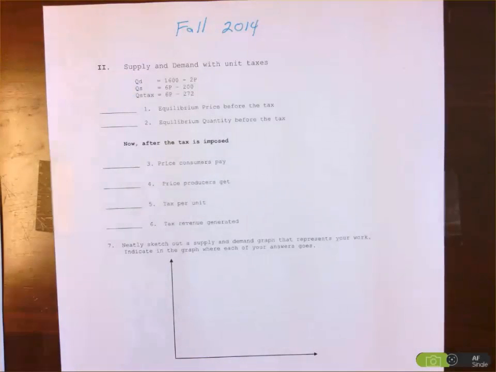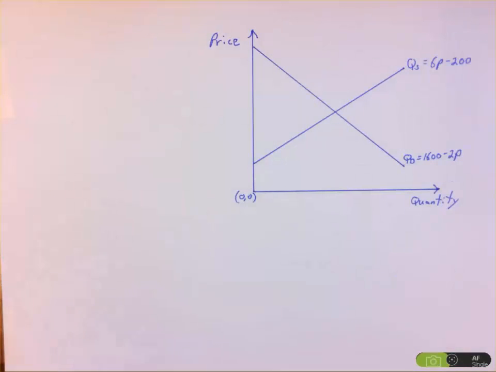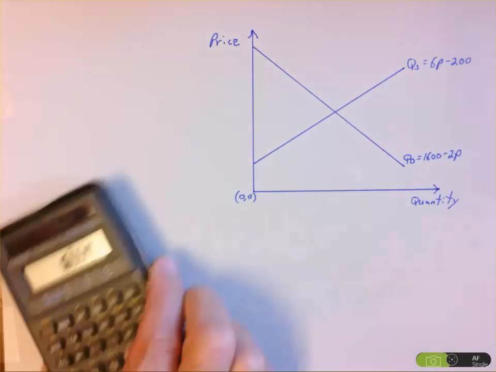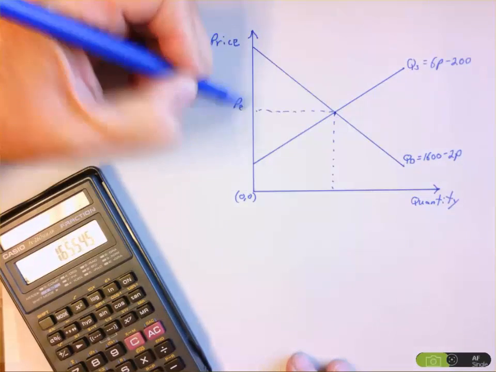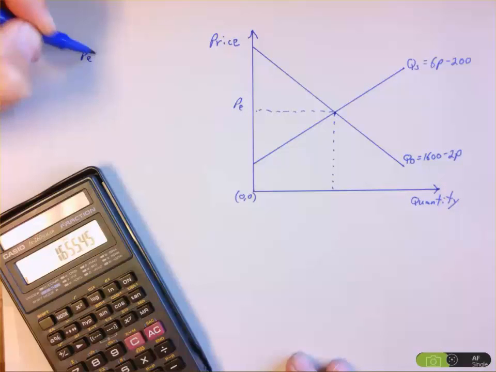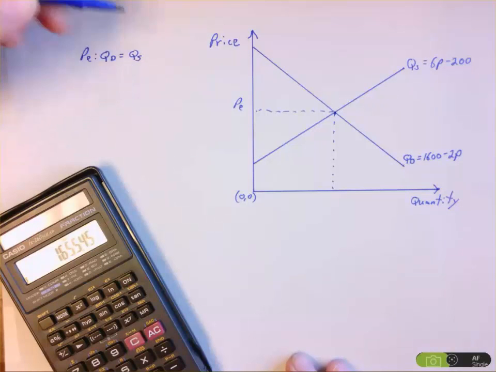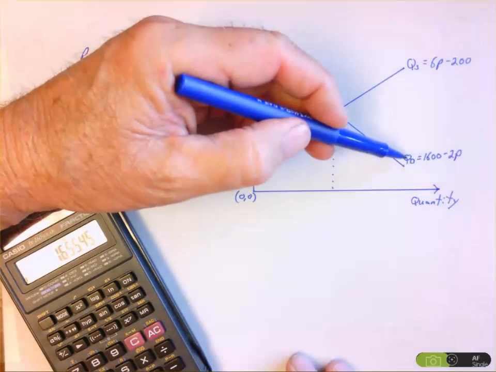So the first thing you have to do is simply figure out, like you've done 100 times before, the equilibrium quantity and price. You find the equilibrium price by applying its definition, which is quantity demanded equals quantity supplied, and then you just substitute what those things are. Here they are over here.